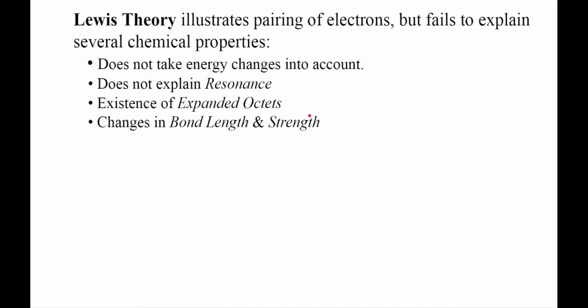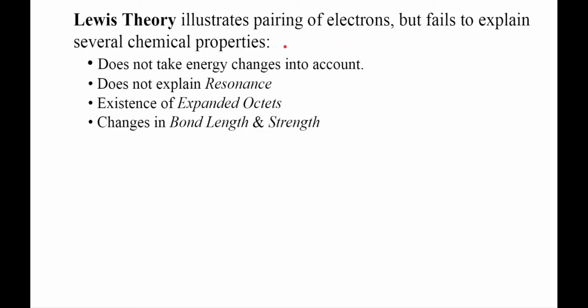So the last component of this chapter is looking at different types of bonding theories. So we've primarily only talked about Lewis theory, and in Lewis theory, the big idea is the octet rule. We know how many valence electrons each element has, so we know how many electrons it wants to gain to fill up its valence shell.